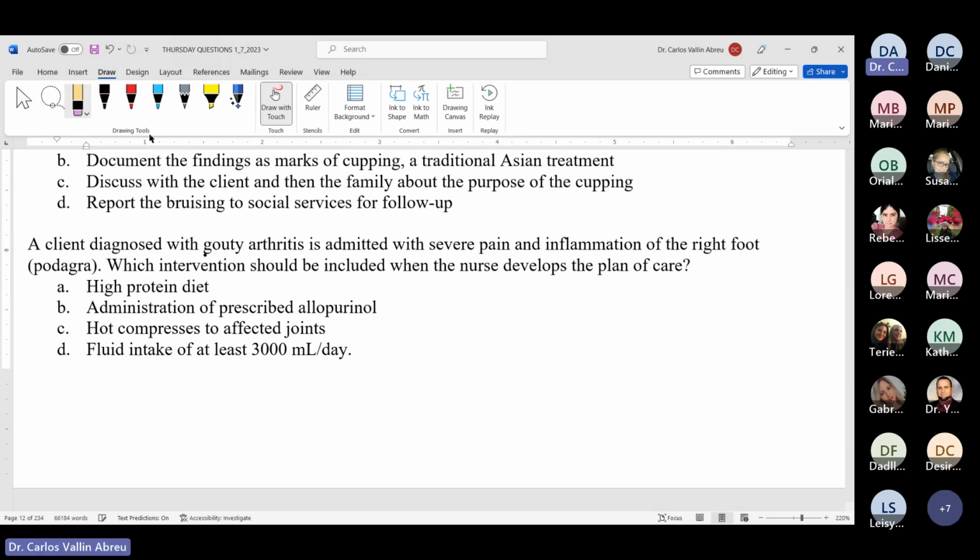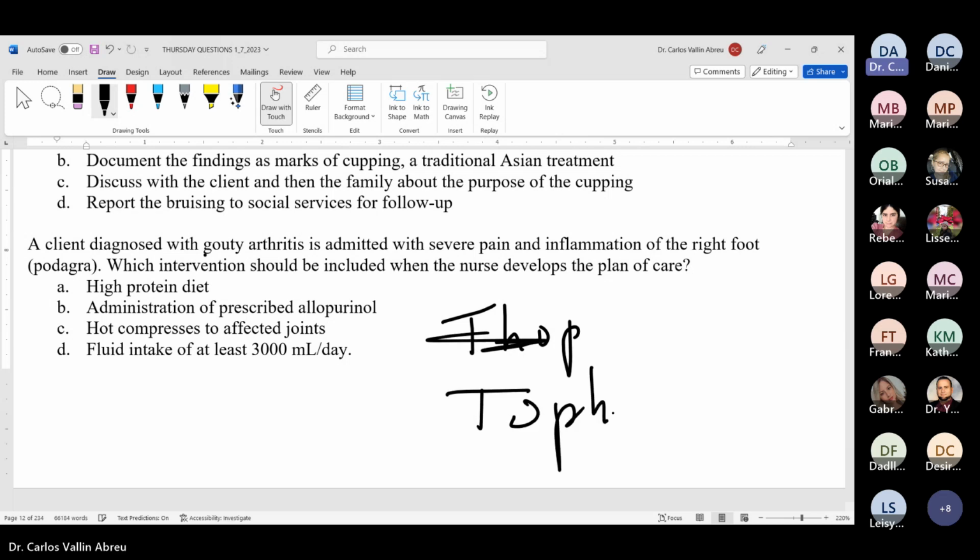A brief review of uric acid and related diseases. Sometimes the uric acid precipitates in the skin, producing like subcutaneous tumors or accumulations of uric acid, and those are called tophus. Perdón, tophi, okay? Plural of tophus.